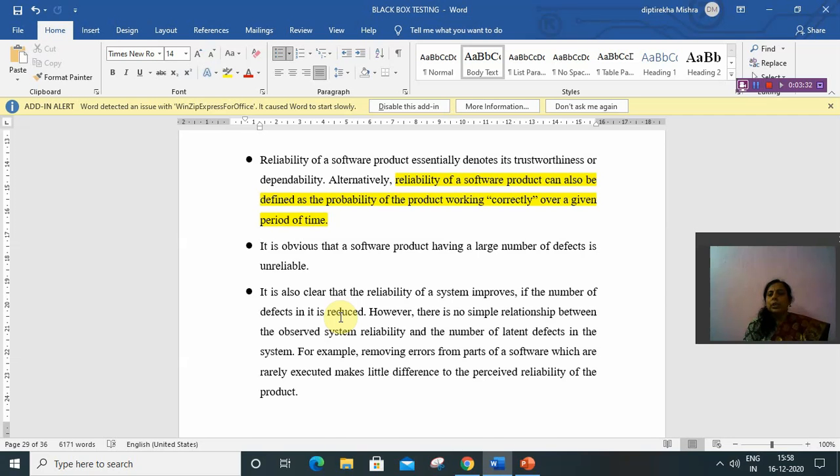However, there is no simple relation between the reliability and the number of latent defects in the system. For example, removing errors from a part of a software which is rarely executed makes little difference to the reliability of the product. Means if you are removing bugs or errors from the rarely executed code, which is not executed frequently, then the reliability of the system will not improve.